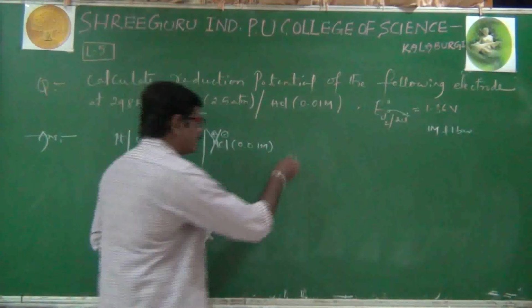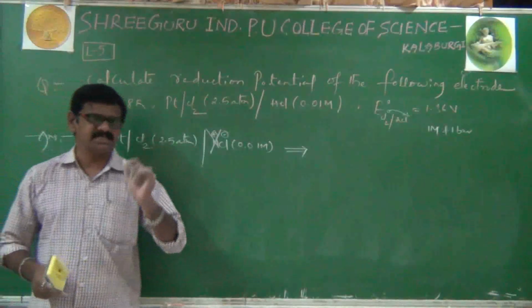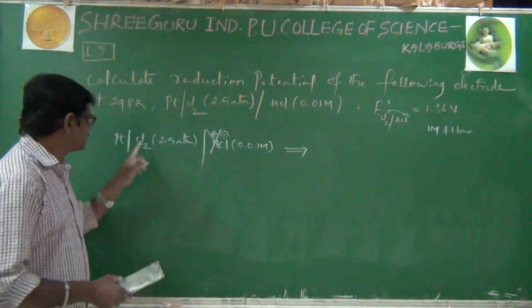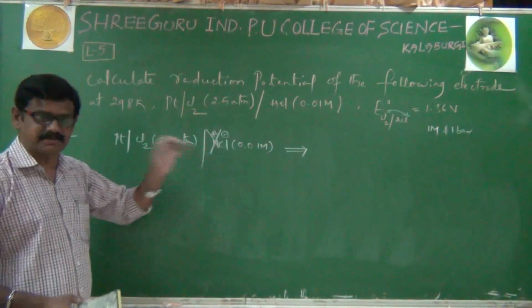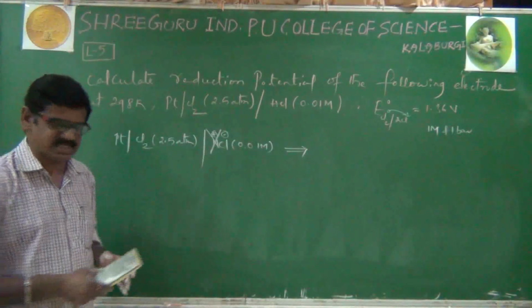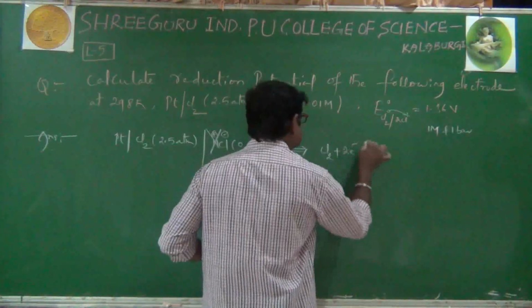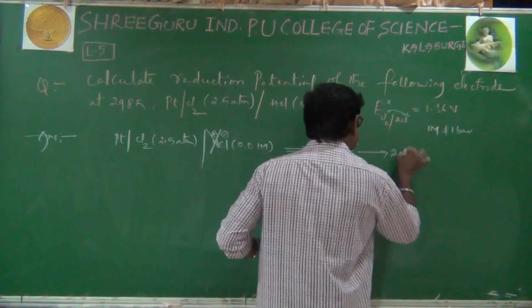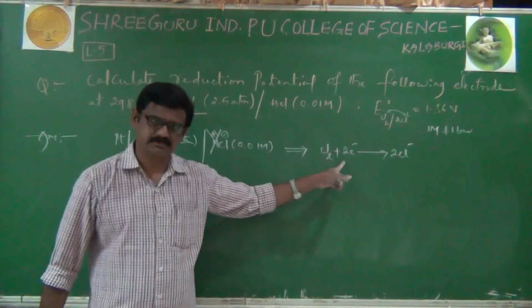Now we will see whether it is a reduction symbol or an oxidation symbol. We have to identify. Cl2 converted to Cl minus is absolutely a reduction process. Cl2, by taking electrons, is converted to 2Cl minus. It is in balanced form.